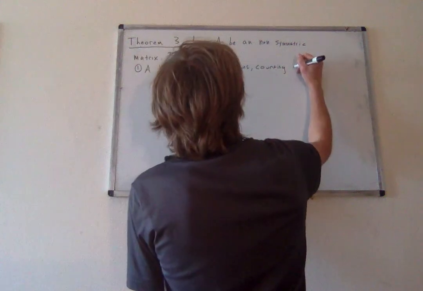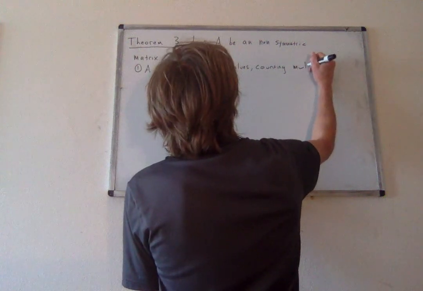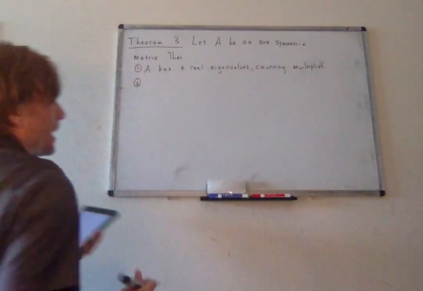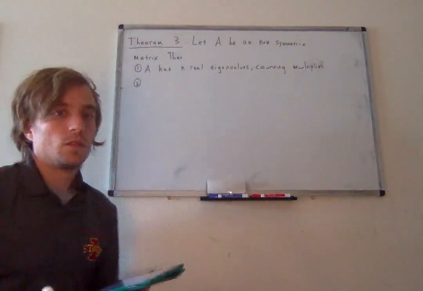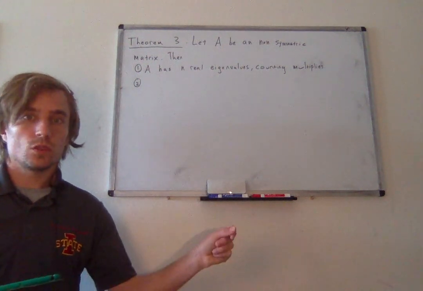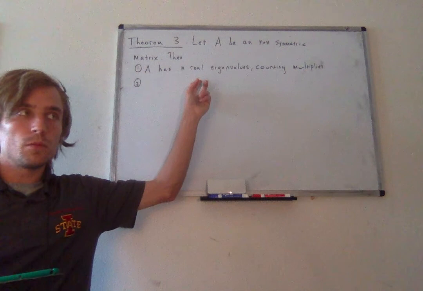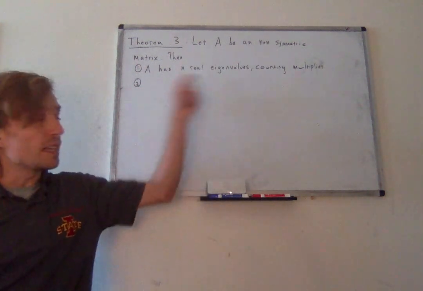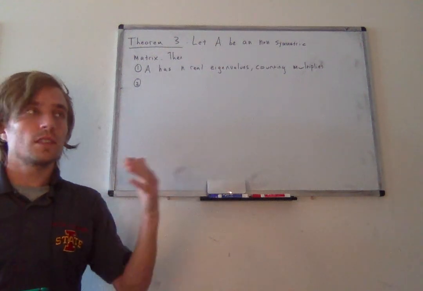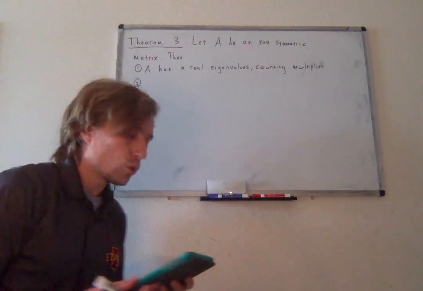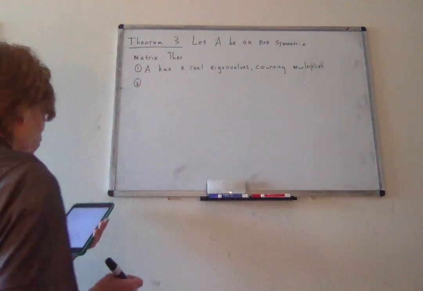It doesn't mean it has n distinct eigenvalues. What sentence 1 means is that the characteristic polynomial of A has n real roots. So it could have the same real eigenvalue with multiplicity n. So this isn't n distinct eigenvalues. This is just that the characteristic polynomial has n real roots, I think is the more accurate way of thinking about that.